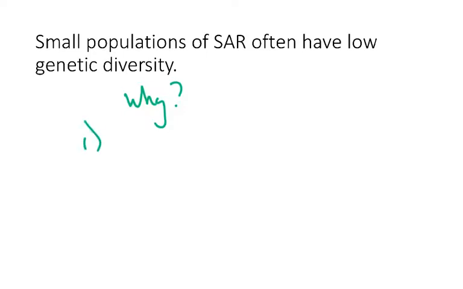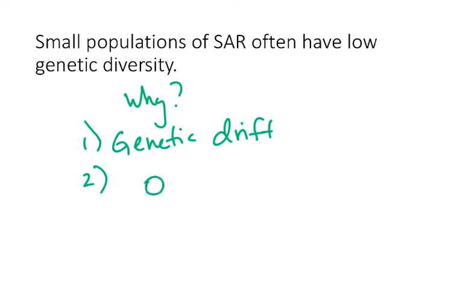First of all, we think about which process has more of an effect in small populations. Genetic drift is more likely to have a strong effect. If genetic drift acts more rapidly in these small populations, that can lead to fixation of these different alleles and depletion of genetic diversity. Another reason is that if we think about these two different small populations, they're often isolated, which means that gene flow isn't occurring between them.